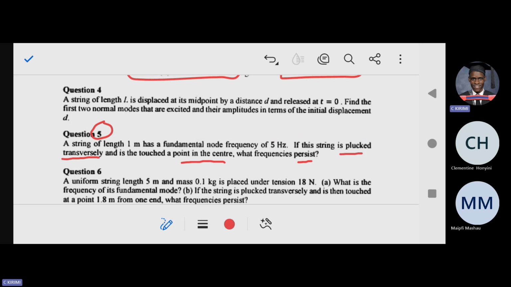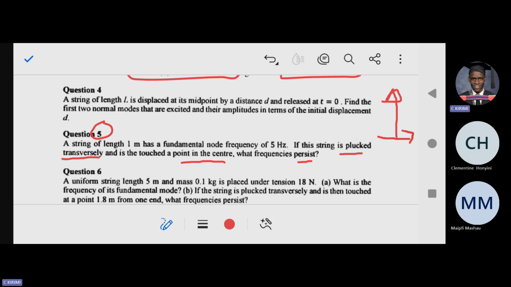So you must know the key definition of a transverse wave. This is whereby the wave is traveling perpendicularly to the direction of displacement, which means if the displacement is going upwards, when you pluck the string upwards, the wave is moving in this direction.